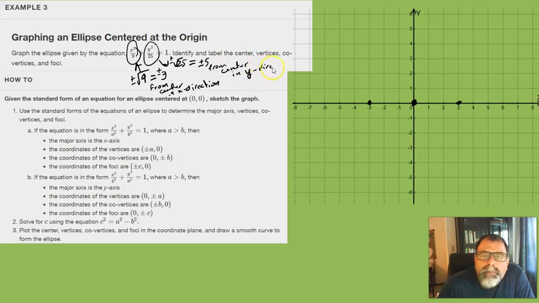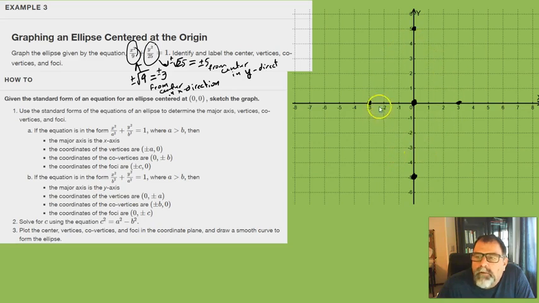Now I'm saying this because when we move the center away from 0, 0, you want to think x direction is side to side, y direction is up, down. Okay, so we're going to go plus 5, minus 5 from the center, and those 4 dots make the vertices and the covertices.